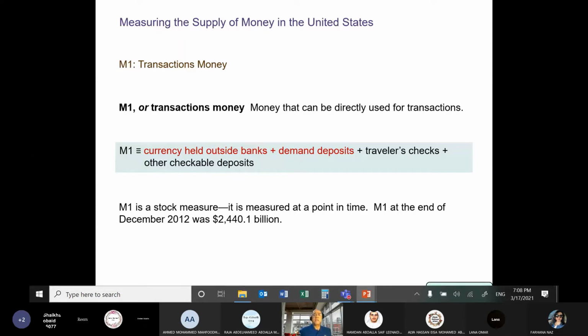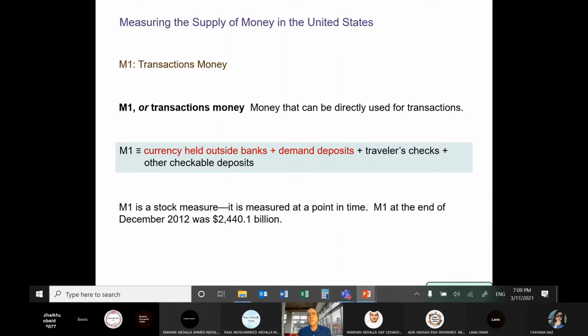Let's talk about a single person, for example, Salim. I have 300 dirhams in my wallet, plus 600,000 dirhams in my current account. The bank gave me tools to access the 600,000 dirhams.